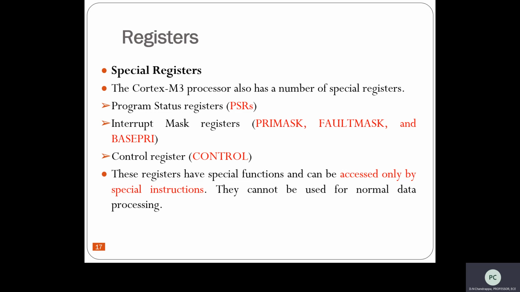The program status register is used to find the status of the program: whether the zero flag is generated or not, whether the negative flag is activated or not, whether the carry flag is activated or not. Like this, specific operations are performed by these special registers, which are sometimes called special function registers.